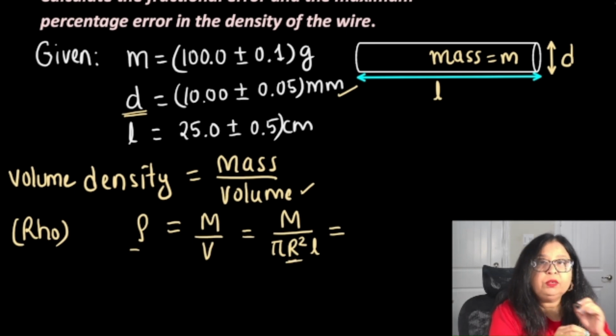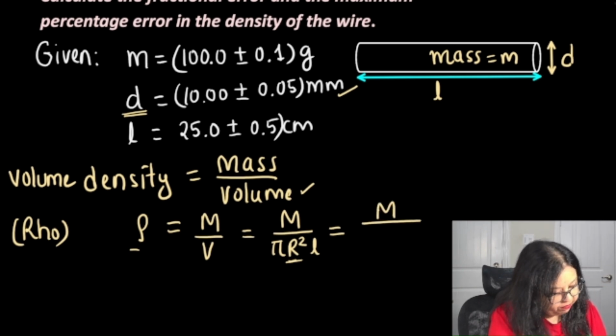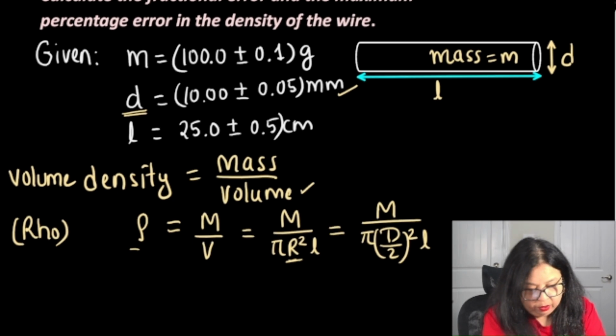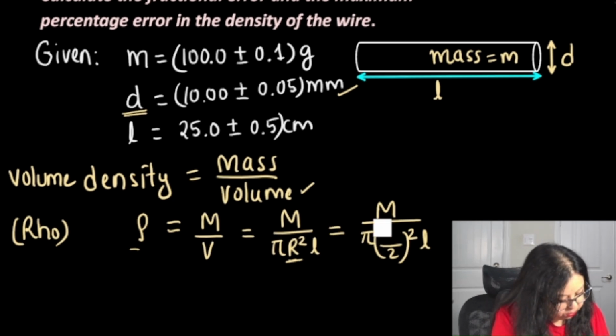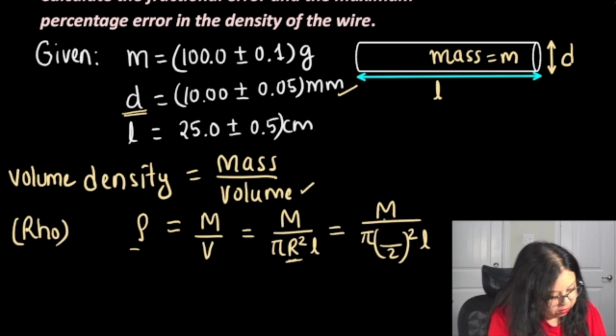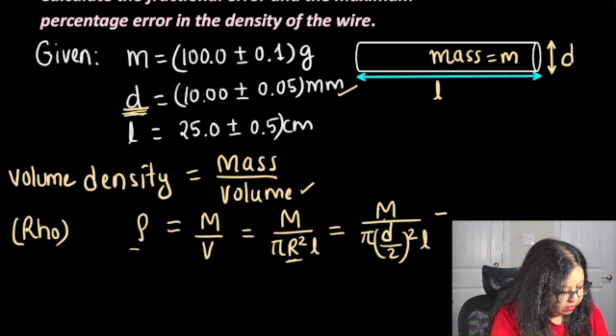So what we'll do is write radius as half of the diameter. M divided by pi times (d over 2) squared times L. This d is supposed to be lowercase d because that's what I chose to write for diameter.